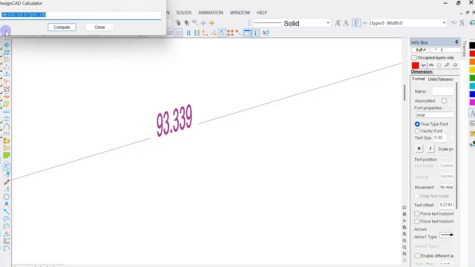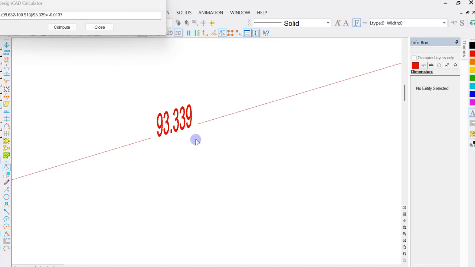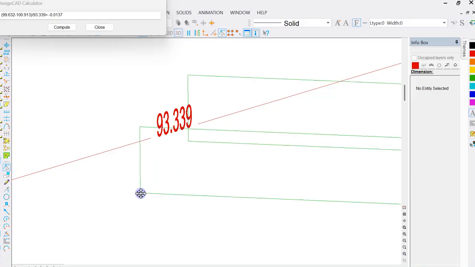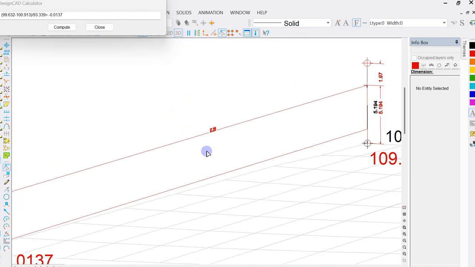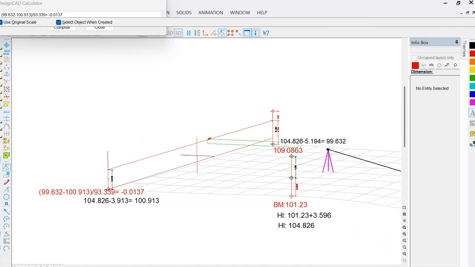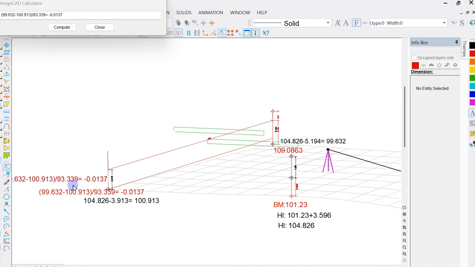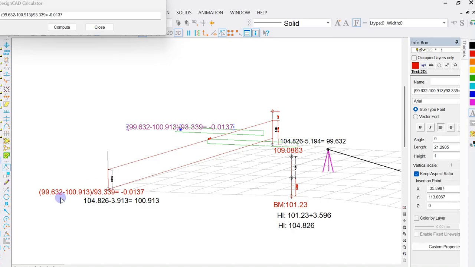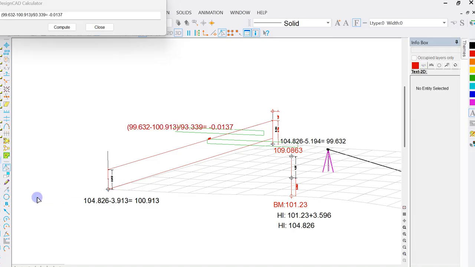If you Control C, now to give you the slope, Control V. Control C, Control V. Anyways, and then you'd have 1.37% slope, right?